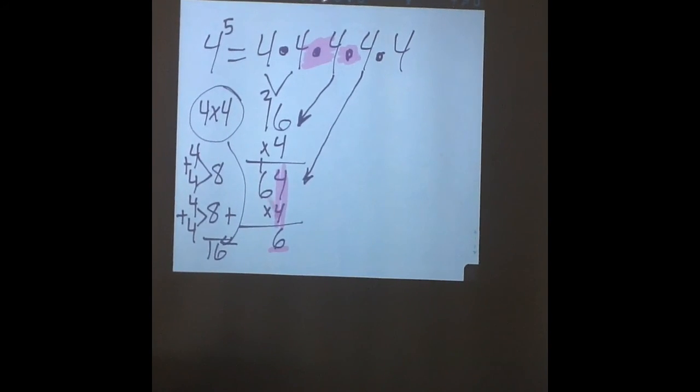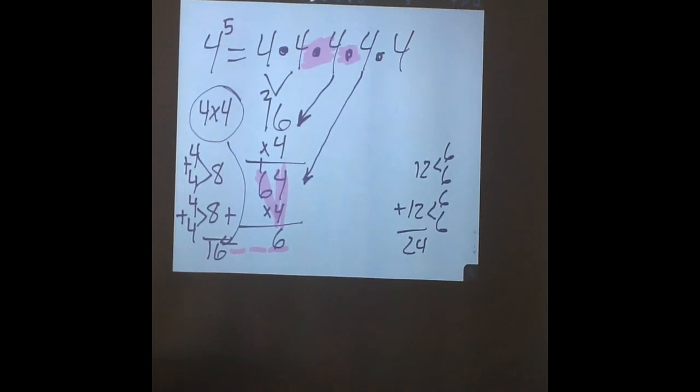Okay. 4 times 6, and I'm going to put my answer here, right? 4 times 6 is, what's 4 sixes? 24, because 4 sixes would be the same as 12 plus 12, and that would be 24. So I'm going to put a 4 here, and what do I do? Ooh, I can't put a 4 there, can I? Why can't I?